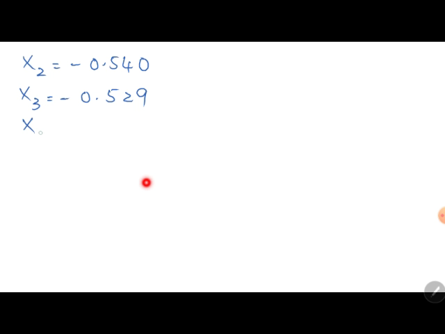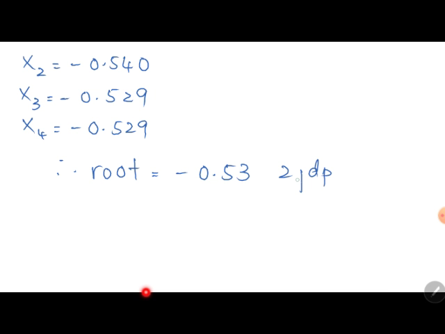I hope you're getting the same numbers here. x4 is negative 0.529. As you can see, x3 and x4 don't change. That means we can make our conclusion: the root that we're looking for, in 2 decimal places, is negative 0.53. I hope I made that clear.